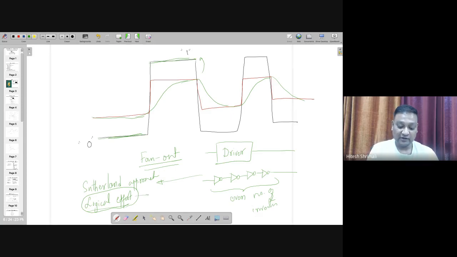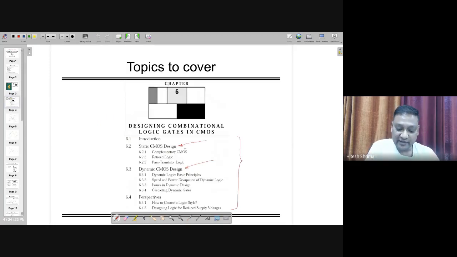Always some limit is given, and it's not given over here, but just after this we are going to study that logical effort using fan in and fan out from another book by Weste and Harris. So that's the next topic which we are going to follow. And other than that, there are various things which we are going to study.